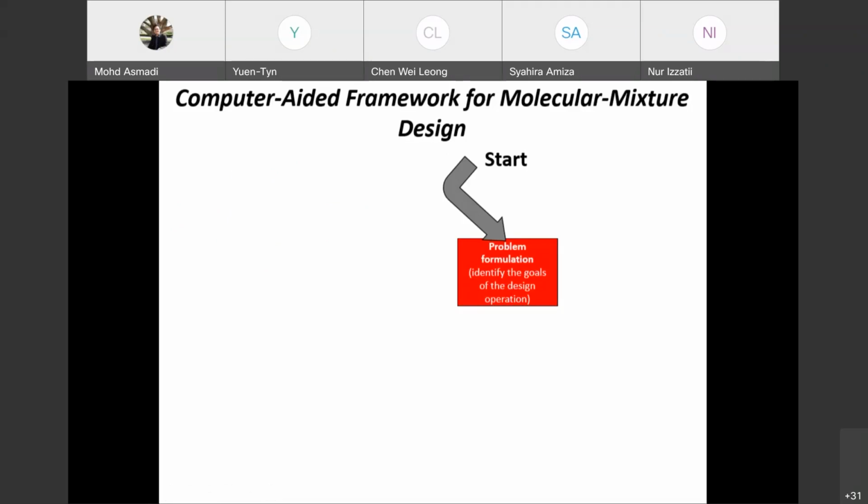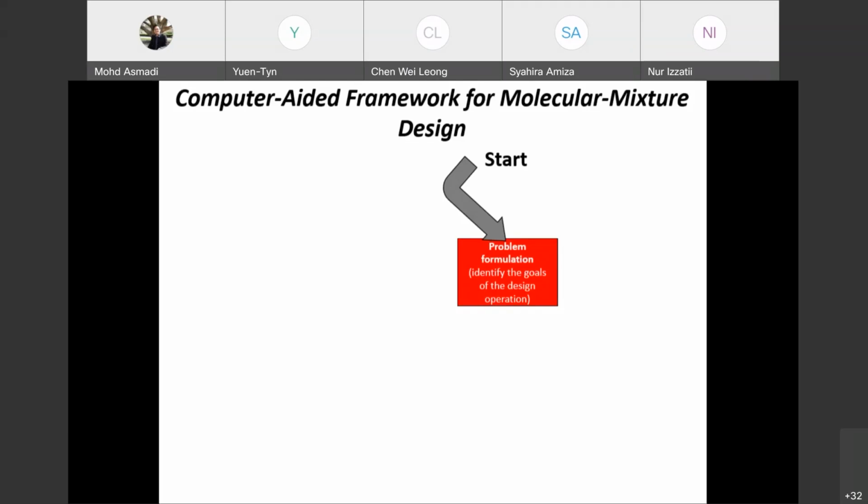What is the main goal? Maybe to find a filter that can remove both organics and metal ions from the water. That is the main goal of the problem formulation.